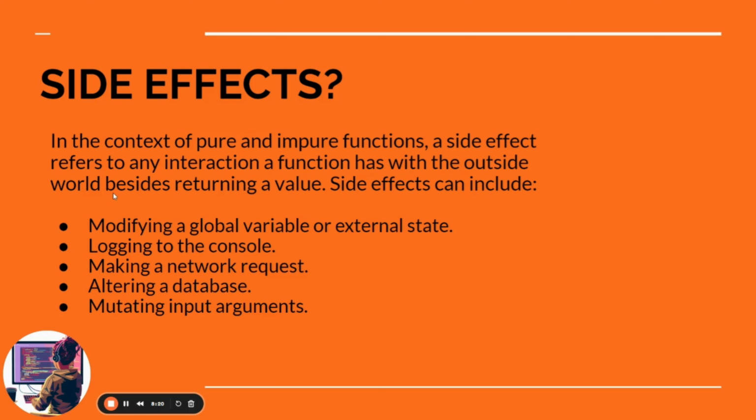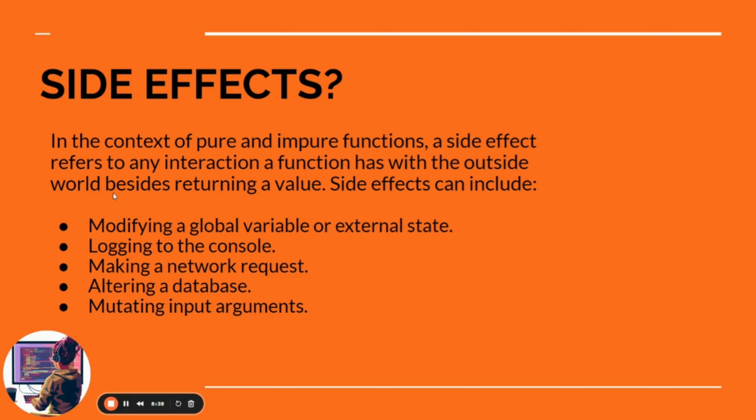So, side effects can include a lot of things. It can be modifying a global variable or external state, logging to the console, making a network request, altering a database, or a lot of things. Anything it can be. So, what basically a side effect is, I'll tell you in simple words.